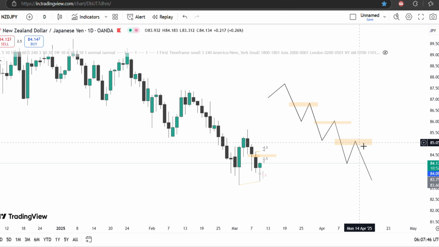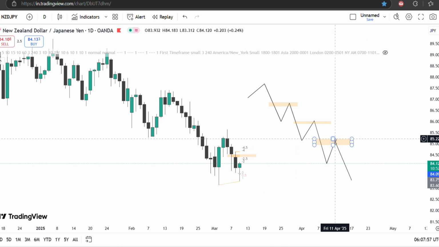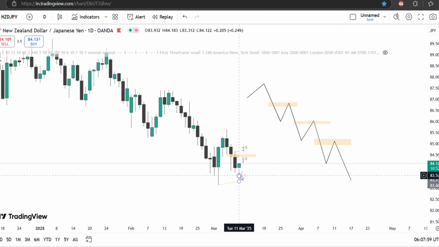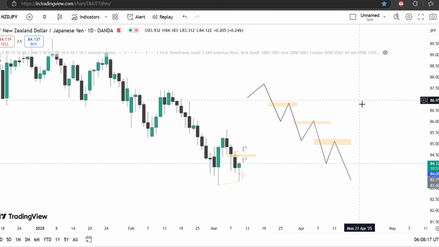And for these failure swings, you can look for SMT or whatever you want, but we want them to happen in a PD array for us to trade the third candle, or you can trade the second candle, which I said if the candle has a small wick, then it means that candle is going to reverse and expand. So let's say in this situation, if price doesn't get here, then I can focus on trading the third candle. And for me to trade the third candle, what will I do? I will look for my CISD to confirm this candle to reverse, and then I'll trade the third candle.